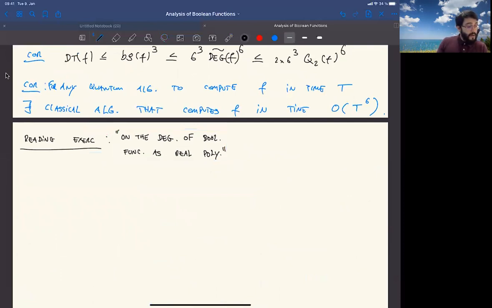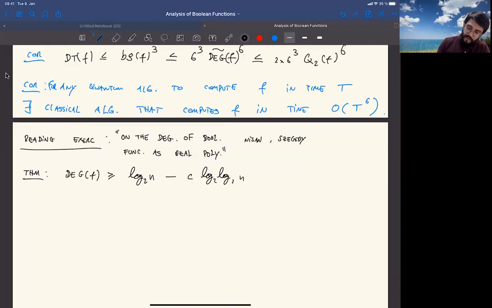And a nice theorem in that paper is the following: the degree of any function is greater or equal than log base 2 of n minus some constant times log base 2 log base 2 of n, if f depends on n variables.